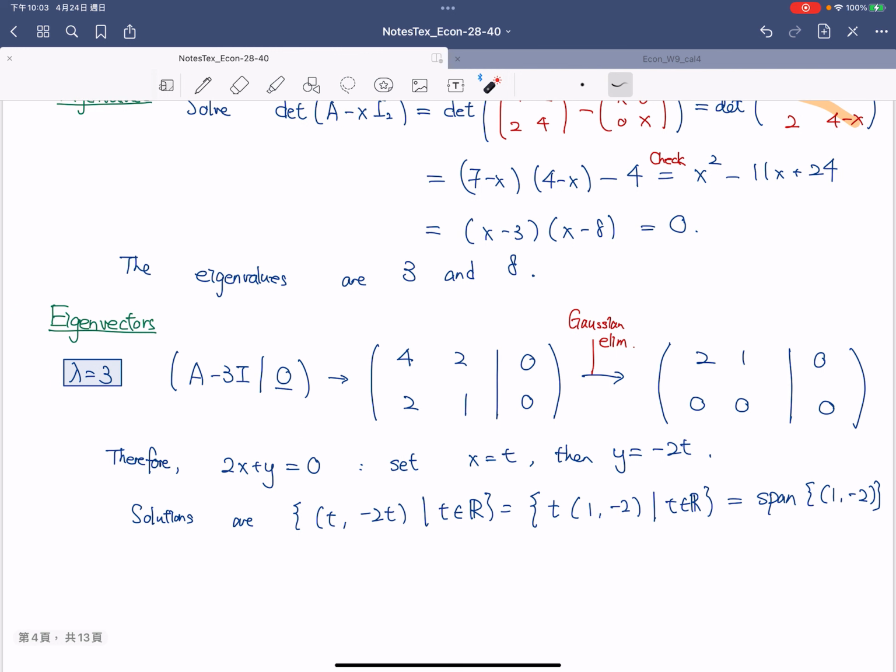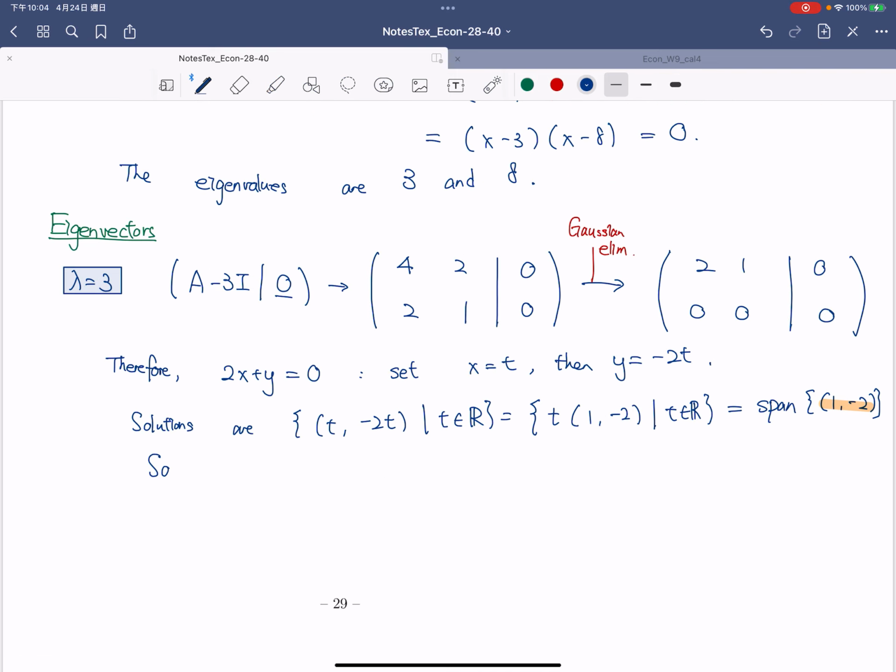The linear combination of (1, minus 2) is exactly the scalar multiple of (1, minus 2). But that means that this is an eigenvector. Our convention is to write eigenvector as column vector. So (1, minus 2) is an eigenvector of A with respect to the eigenvalue lambda equals 3.